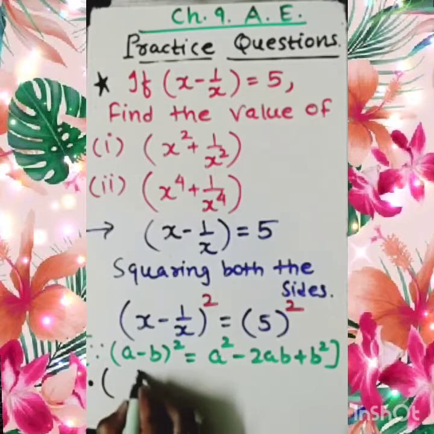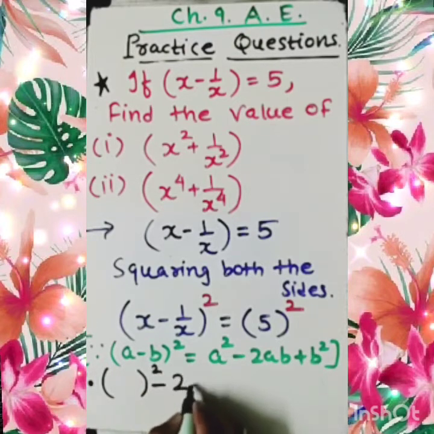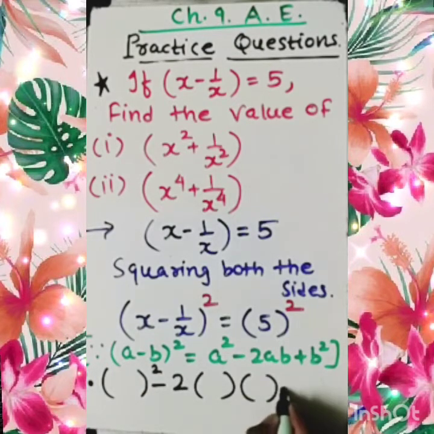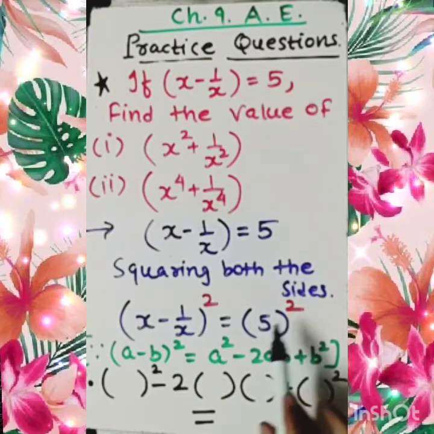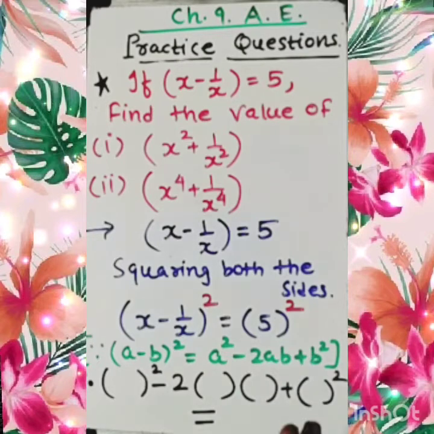So dear student, a square minus 2ab plus b square equal to the RHS. RHS is the square of 5. Square of 5 means 5 into 5, that is 25.